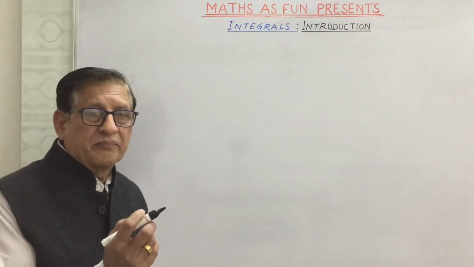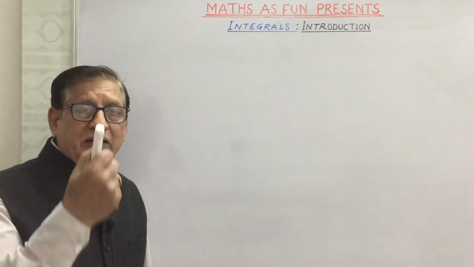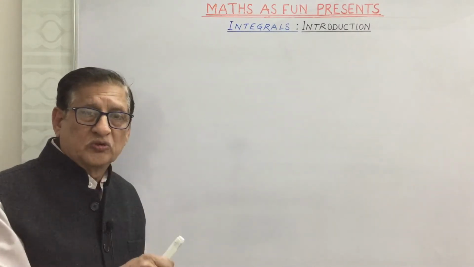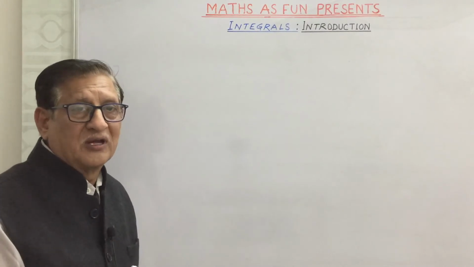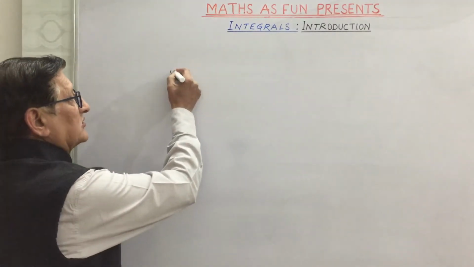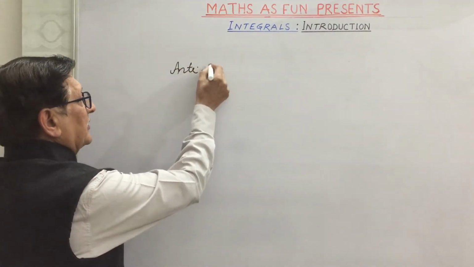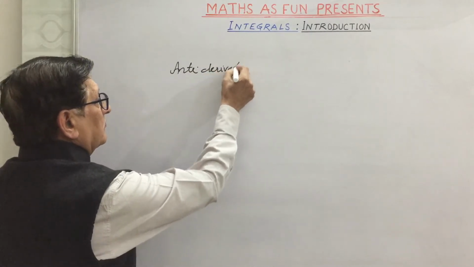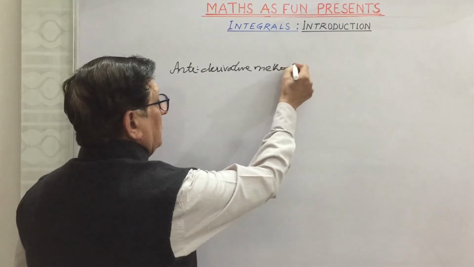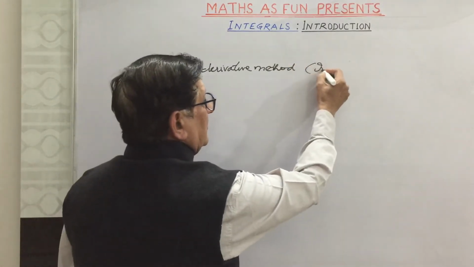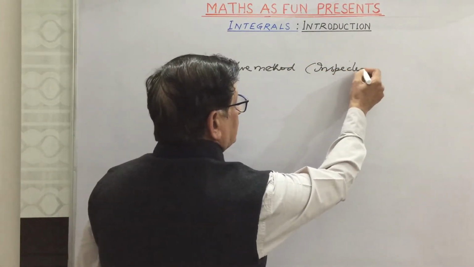When we say that integral is antiderivative, we can use this concept to find the integral of a function, and that particular method is known as antiderivative method, or we also call it inspection method.